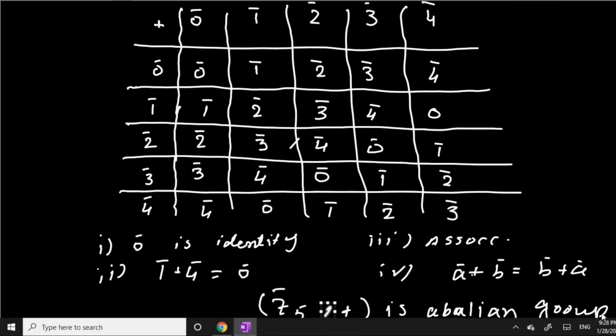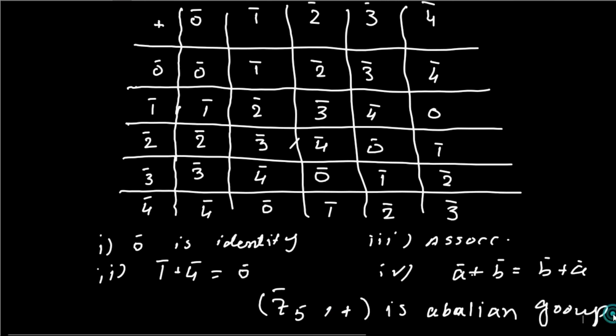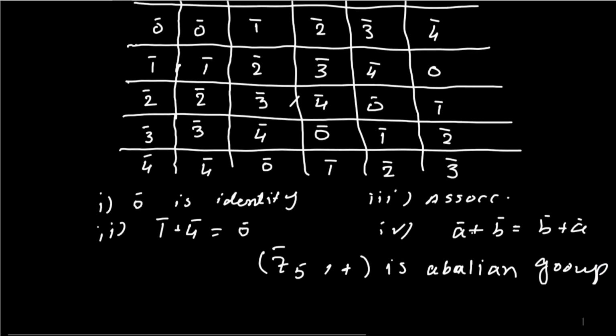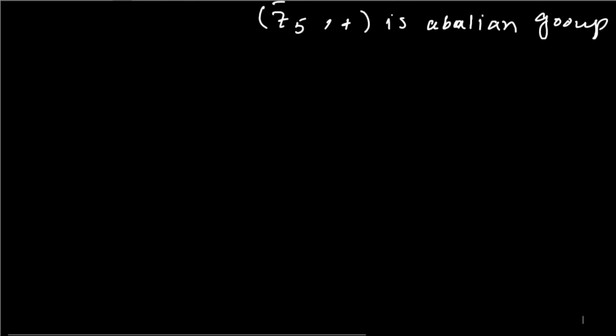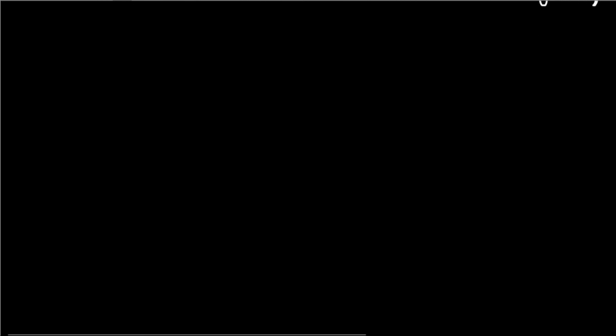When we talk about a field, it means that under addition it should be an abelian group, and under multiplication it should be a semigroup. Sorry, by the definition, for a ring it should be a semigroup, and for a field it should be an abelian group under multiplication. So now we again draw this table under multiplication.